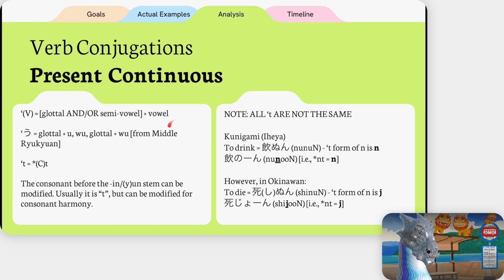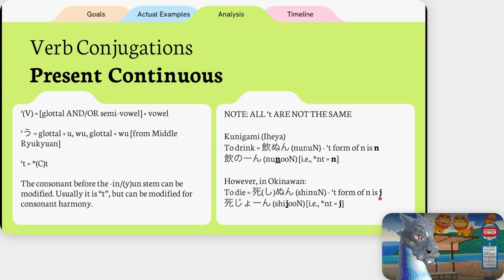So, instead of the earlier example, I'm just going to say a new example. For example, you have the word nun, which technically, if you remove the part, the apostrophe T form of n is basically n. So you basically end up with something like nun. However, the T form of n is just simply j.